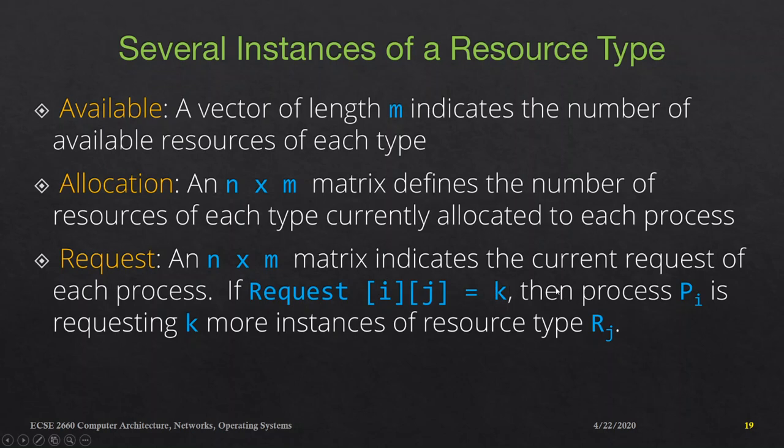That means that process P sub i is requesting k more instances of resource type Rj. So i is the process number, j is the resource type number, and k is the number of instances it is requesting. This matrix is also n by m, number of processes by number of resource types.